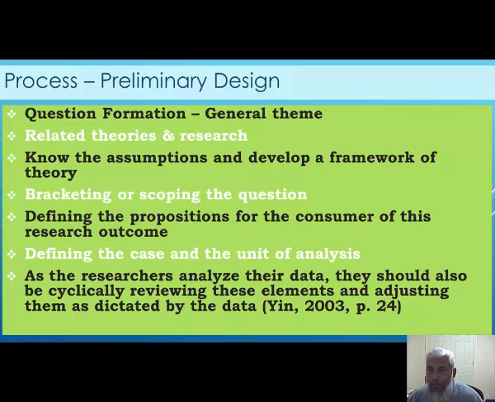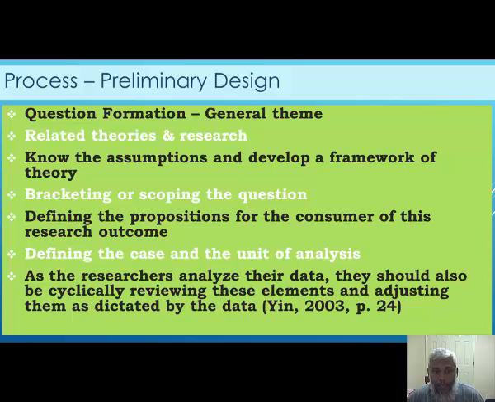As the researcher analyzes their data, the process should also be cyclical. There should be a cyclical review of the elements, and some adjustment based on the discoveries or the intelligence of the data.